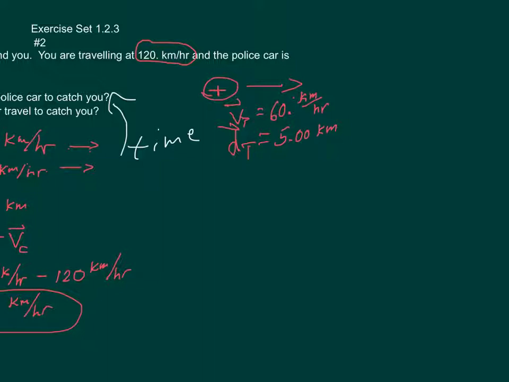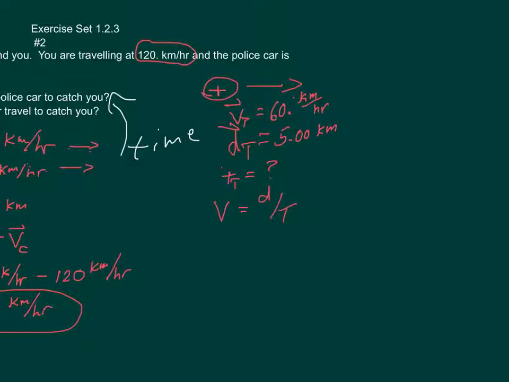So we can now find the time total, because we can use our V equals d over t equation. So t total equals, that's what we want to know, right? How long will it take? So we know that V is d over t.